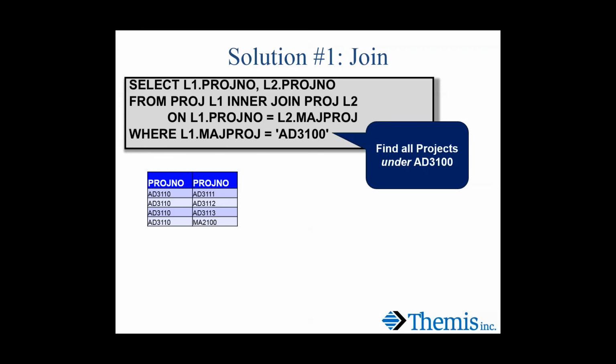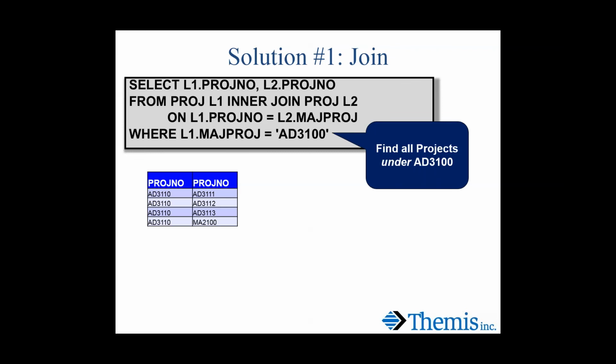Okay, so the way to do that prior to recursive SQL is something like this. Take the table and join it to itself, and that'll let you go one level deep. So here we're saying find all the stuff that's directly under 3100 and the stuff that's under that.